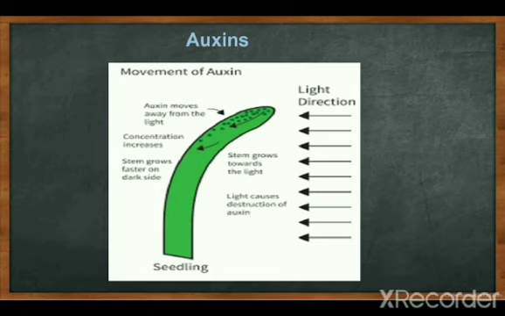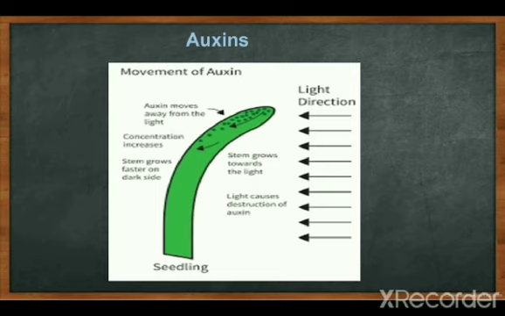Maximum auxin is present at the tip of the root for elongation, especially in desert plant roots, for greater enlargement of the root.